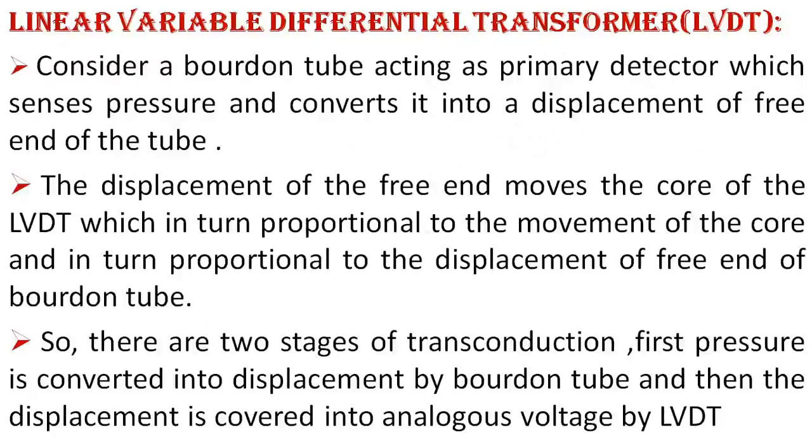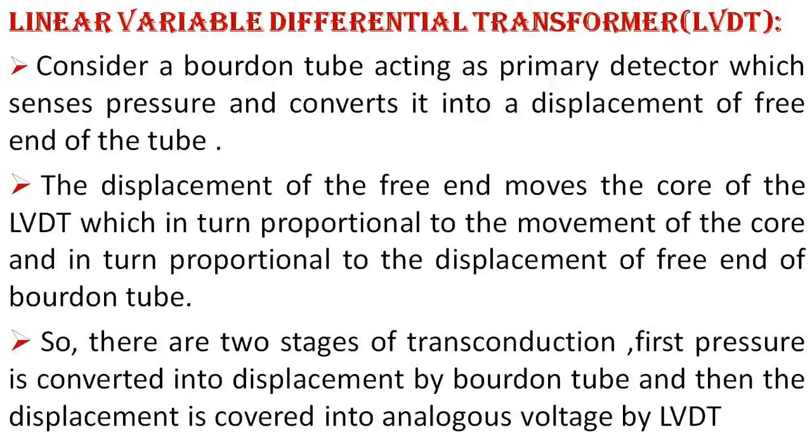Now consider a bourdon tube acting as a primary detector which senses pressure and converts it into a displacement of the free end. The displacement of the free end moves the core of the LVDT, whose output is proportional to the movement of the core and in turn proportional to the displacement at the free end of the bourdon.